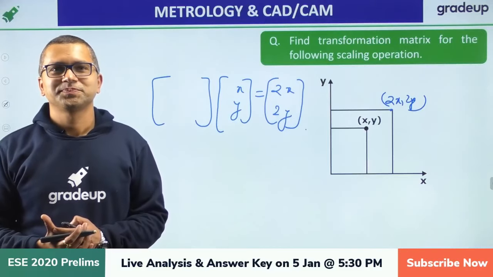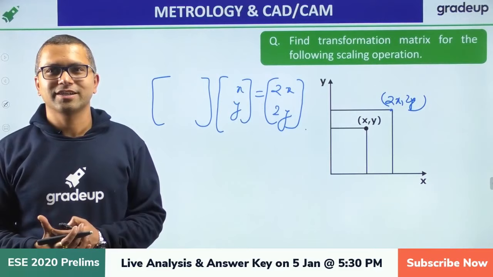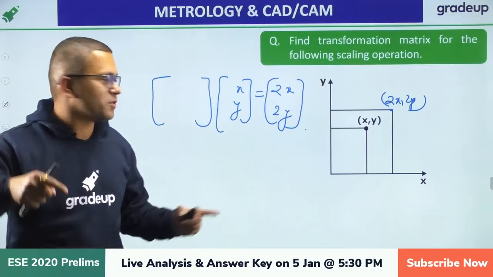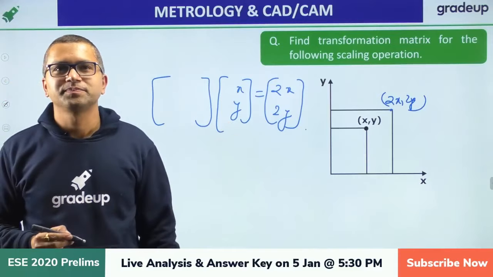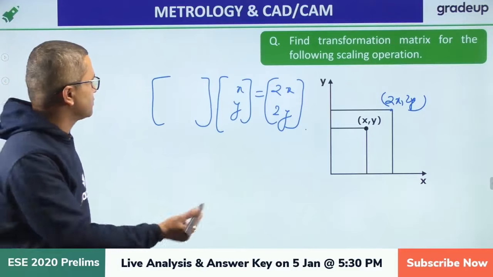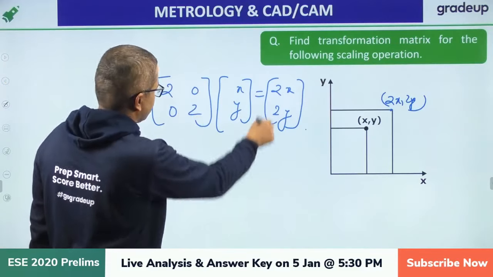Ashwini says 1001. You might want to check that when you multiply this with that. Most of you are getting this. So I'm going to write here 2002. Let's see if it's true.